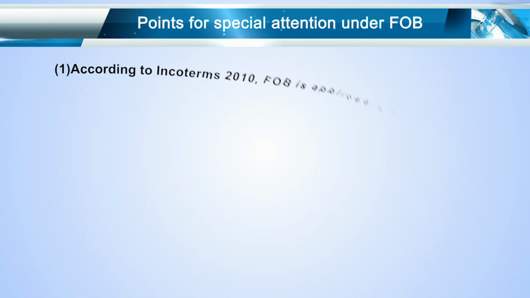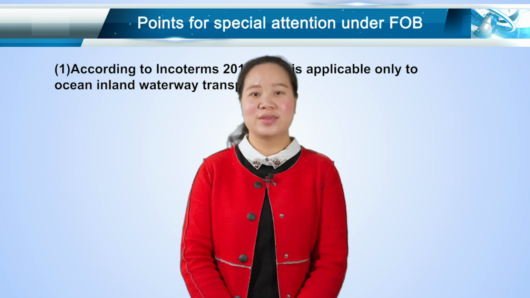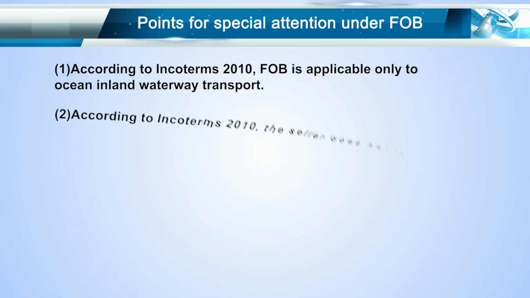Here are some points for special attention under an FOB. 1. According to Incoterms 2010, FOB is applicable only to ocean and inland waterway transport. Previously, traders used FOB terms when the goods were transported by rail, road, or air; such practices are inappropriate. 2.